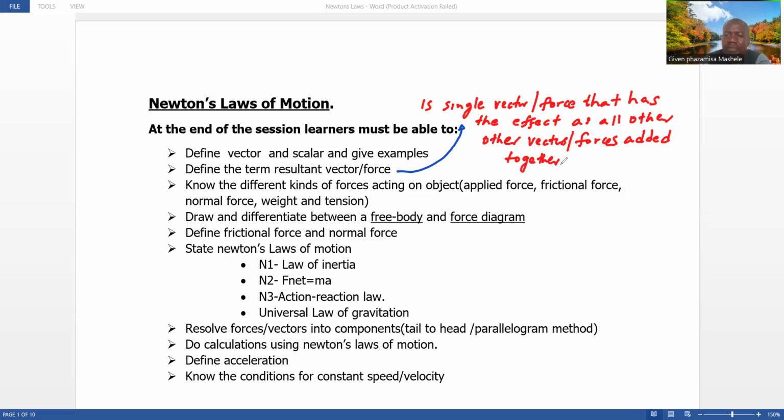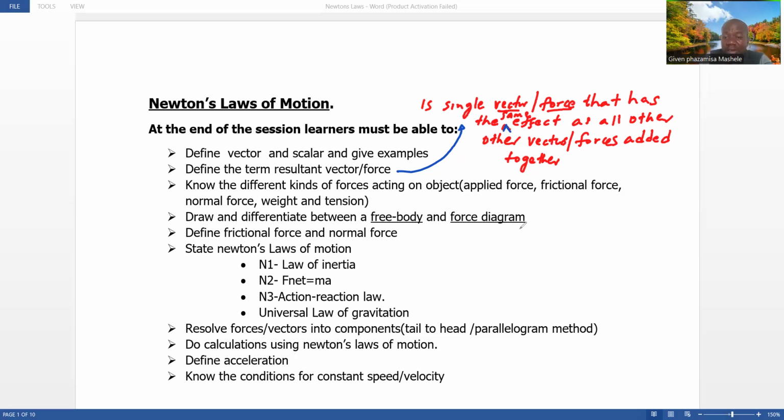So I want to talk about this. A single vector or a single force that has the same effect as all other forces or vectors added together. What does this mean?